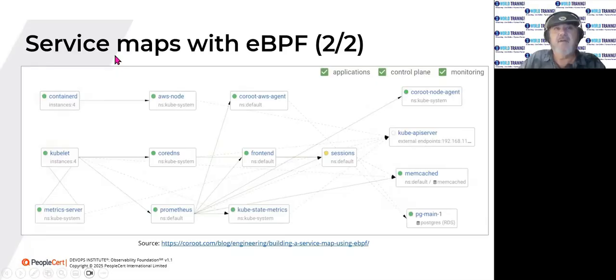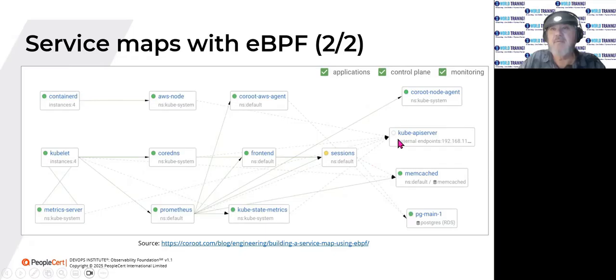This is an example of an actual service chart that can be produced with eBPF. So you can see relationships, for example, the kubelet, Kubernetes instance could be mapped to metric servers, core DNS, which in turn could be mapped to the front end and different sessions.